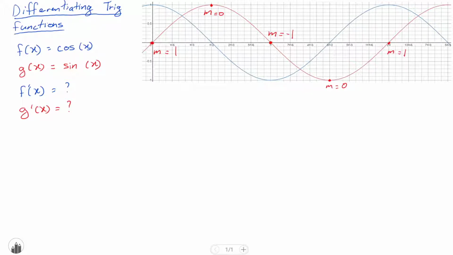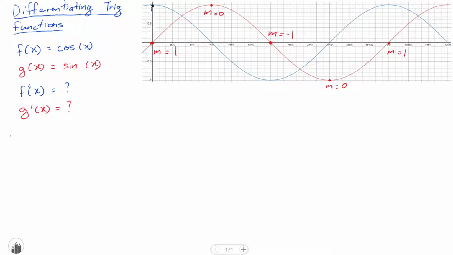And so on. Now, one thing in particular that I want you to pay attention to is not just what our gradients are for our sine curve, but also notice how over here I've got my value of cosine of x at x equals 0 as 1. That is pretty curious.